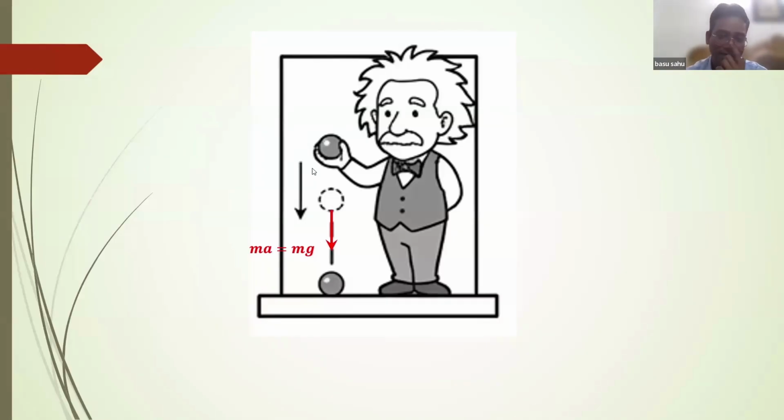If I don't have any understanding that I am in a space shuttle, I am moving with constant acceleration, then I really don't know by doing this experiment whether this ball is attracting towards this floor with the help of gravitational force or with the help of pseudo force. I really don't know.